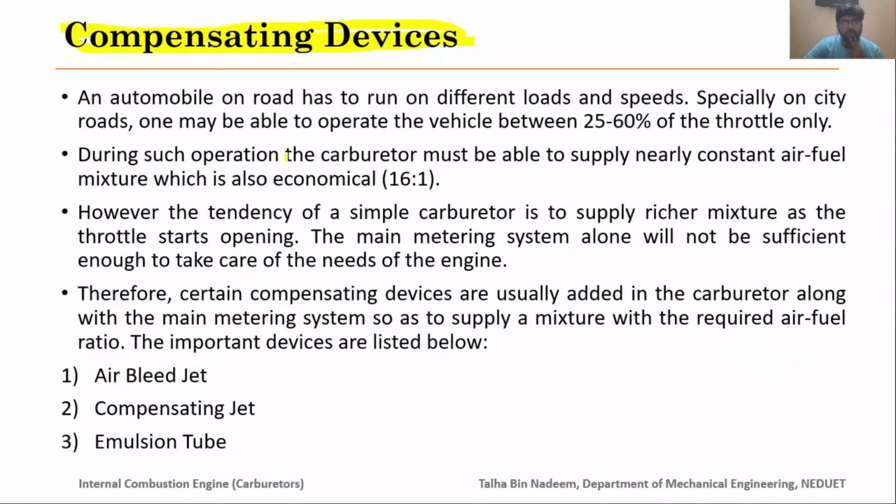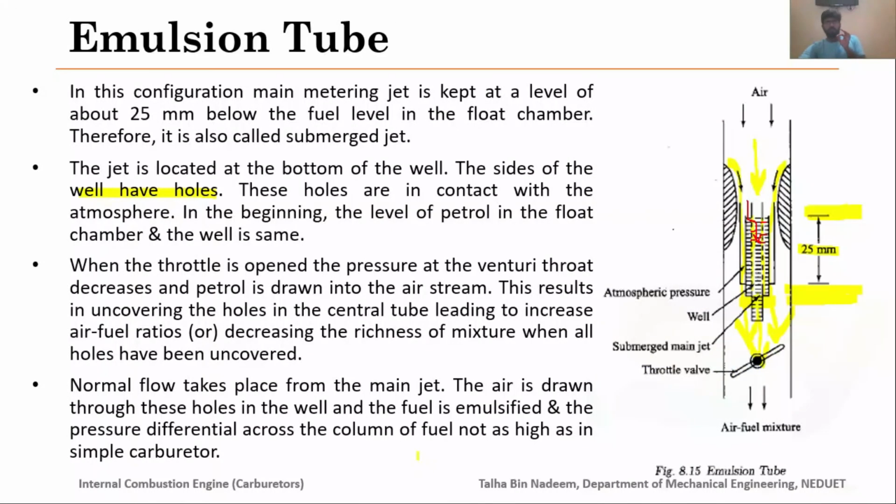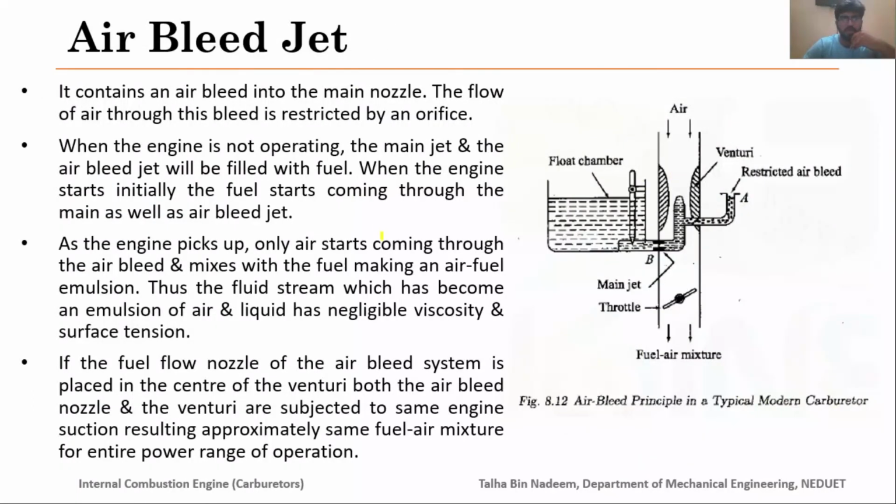Then we moved towards some additional compensating devices. I mentioned that there are many compensating devices in the book, but we are only going to discuss some of them, and we discussed 3 of these devices. First was the air bleed jet, second was the compensating jet, and third the emulsion tube. I hope the concepts of these additional devices are clear.